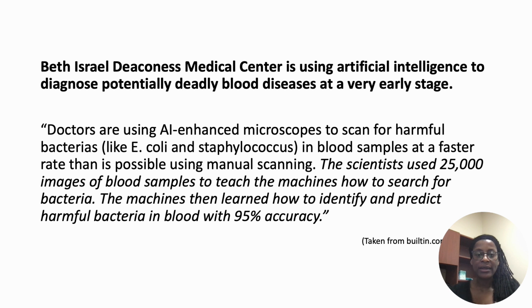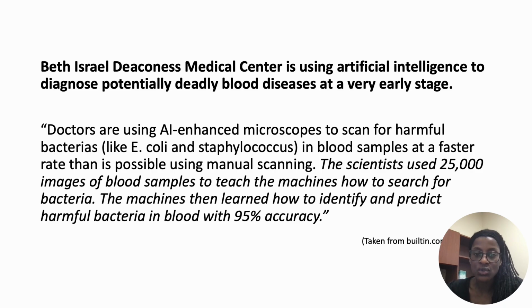Based on the previous slide, you can see the importance of AI in really increasing access to care and also tailored care. One way that AI is being used is at Beth Israel Deaconess Hospital in Massachusetts, which is one of the top hospitals in the U.S. Doctors are using an AI-enhanced microscope to scan for harmful bacteria in blood samples at a faster rate than is possible using manual scanning.